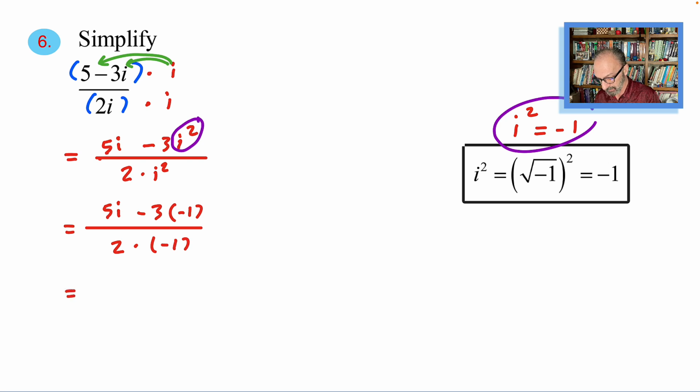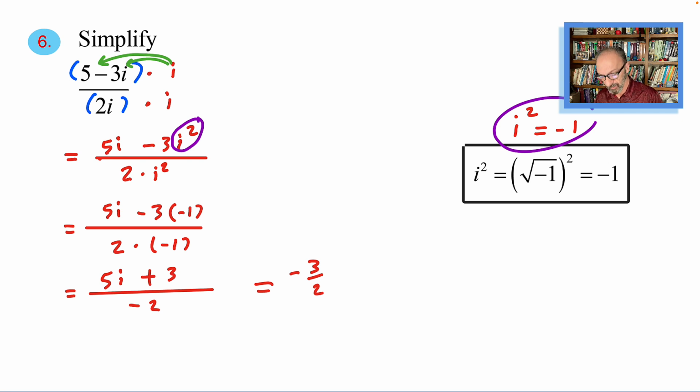To simplify this, we have 5i plus 3 over negative 2. We could break it down and write it as 3 over 2. That's a real part. With the minus, instead of writing the minus in the denominator, we could just put it up in the front.